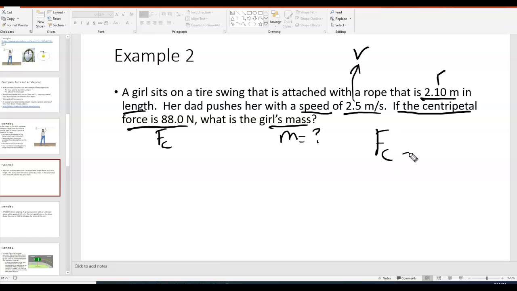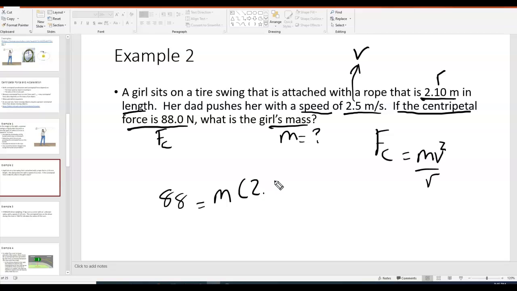Now there's only one equation for centripetal force, so it should be really obvious which equation you should be using. Here's our equation. All we're going to do now is plug into the equation for centripetal force and solve. For Fc, I put 88. For mass, I leave that as an unknown because I don't know what mass is.